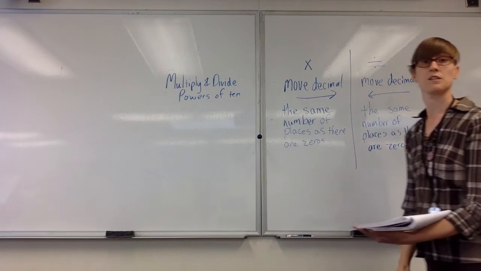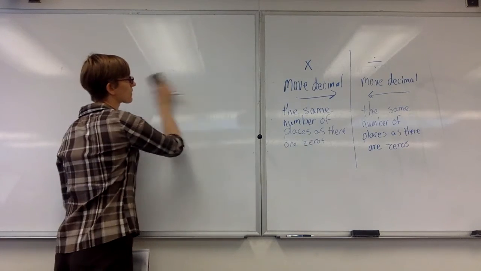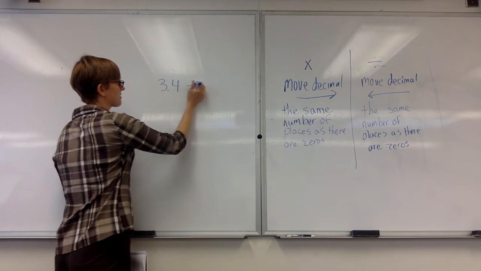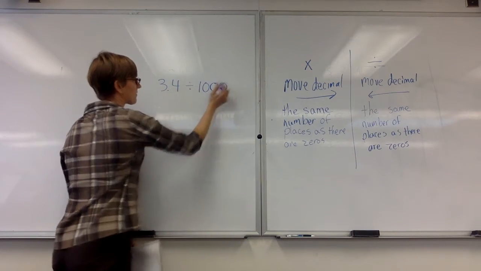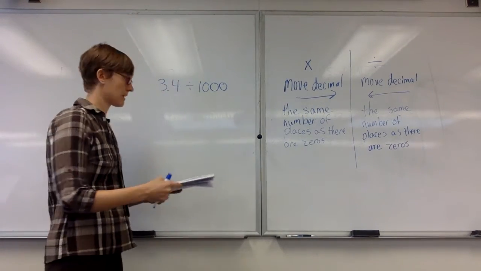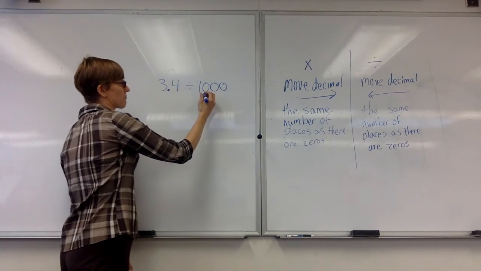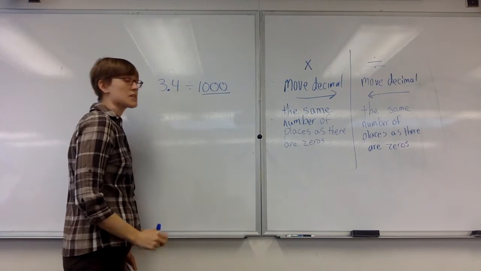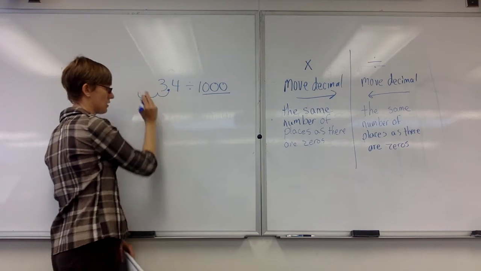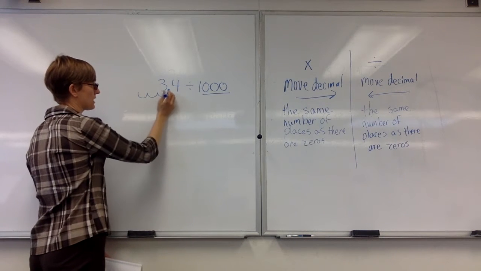Okay, so please get those notes down, and we're going to try a couple right now. The first one we're going to try is if I have 3.4 divided by 1,000. If I have 3.4 divided by 1,000, I'm dividing. 1,000 has 3 zeros in it, so I'm going to move my decimal 3 places to the left to make it a smaller number, right?